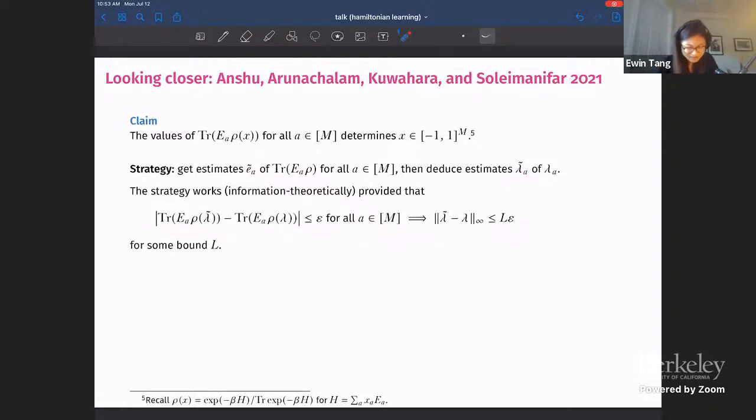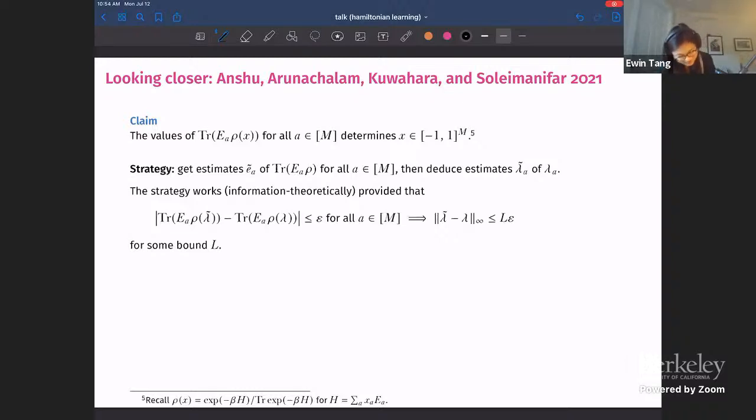It's a Lipschitz bound, essentially. We would need that if our marginals are close for some lambda tilde, then this lambda tilde is going to be close to the actual coefficient. To get a sample complexity bound, it suffices to show this.